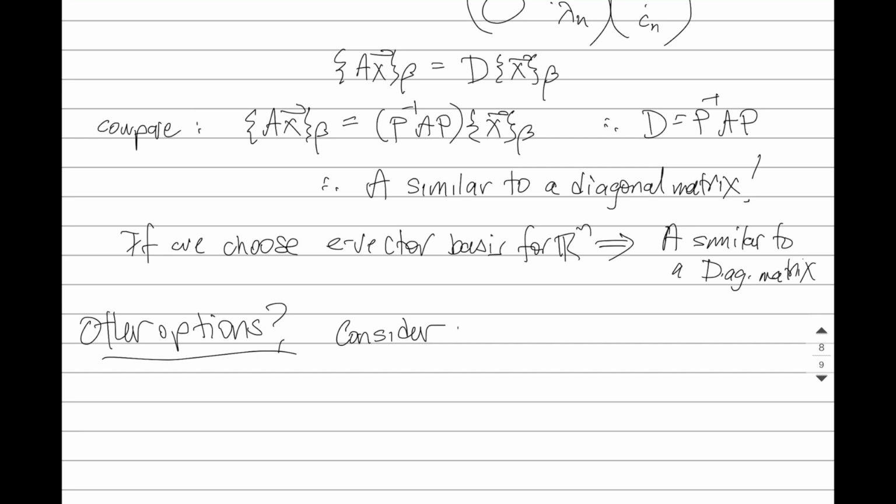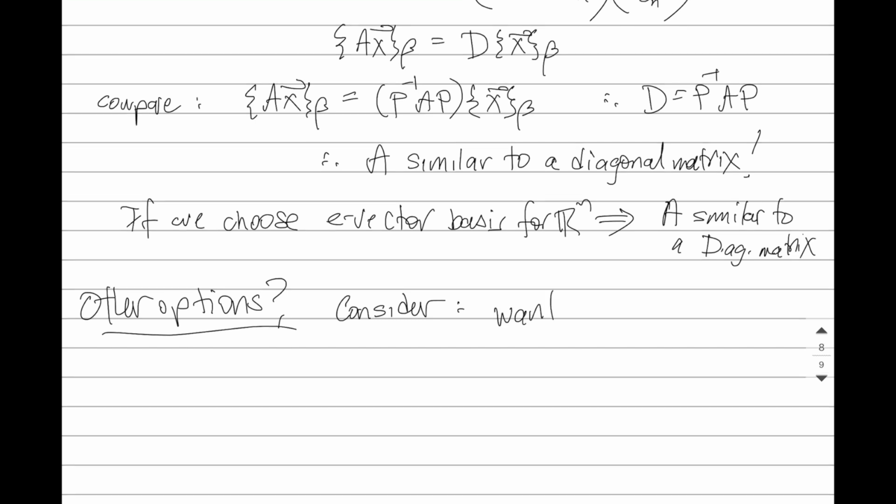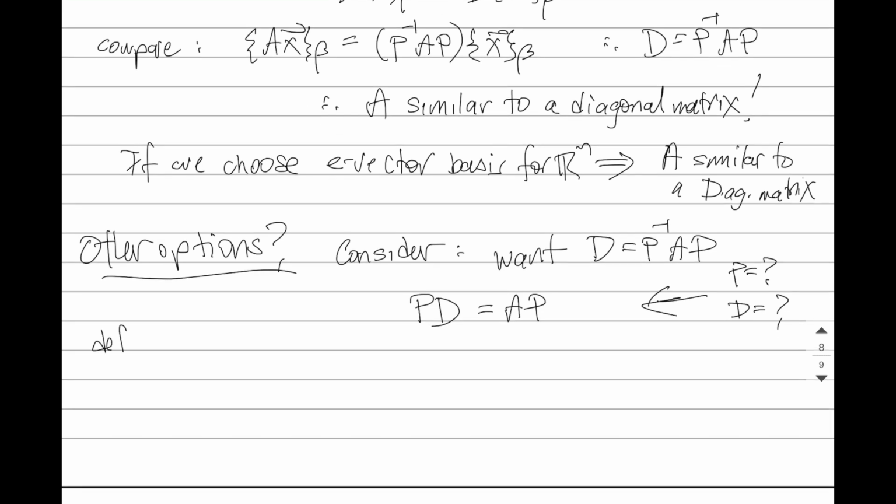So let's just forget about everything else we've talked about up to now. If I want a diagonal matrix to be the result of this change of basis, I can multiply both sides by a P on the left. What does P have to be? What does D have to be? And then I'm just going to use the definition of a matrix times a matrix. So on this side, what I'll have is A times the first column of P all the way down to APn.